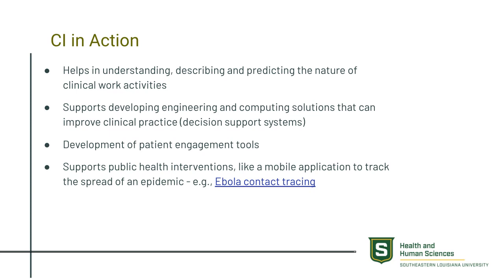So imagine if we did not have cognitive informatics tools at the time that Ebola happened, and what that would have done to our public health intervention. The great thing that happened was that the structure that was built for the Ebola contact tracing was actually used for COVID-19.